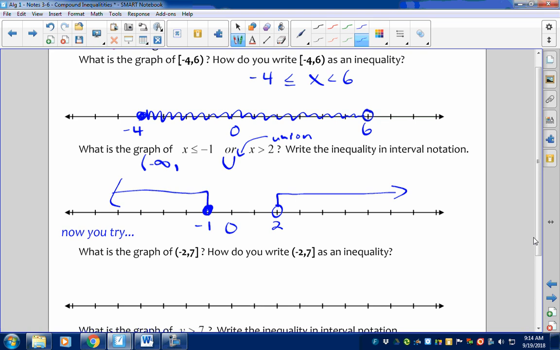And it goes up to negative 1. Union, so OR, I'm starting at 2 right here. I'm going to use a parenthesis for the 2 because it's not filled in. And then way to the right, if I keep going to the right in positive direction, what symbol represents that? Infinity, yeah. So that's what it looks like.